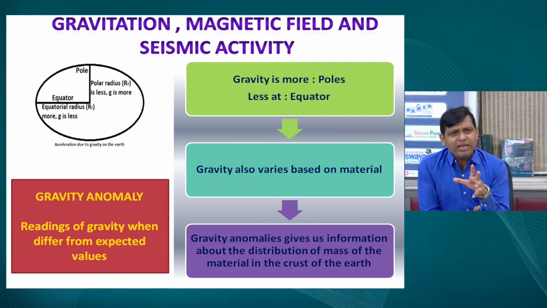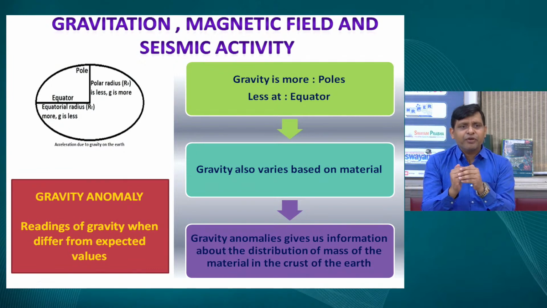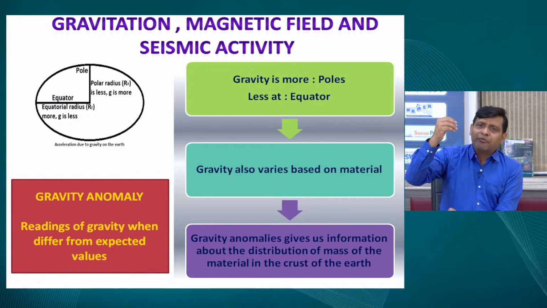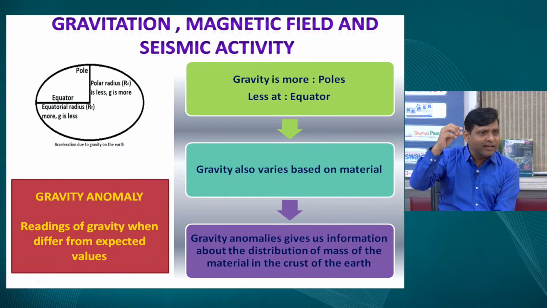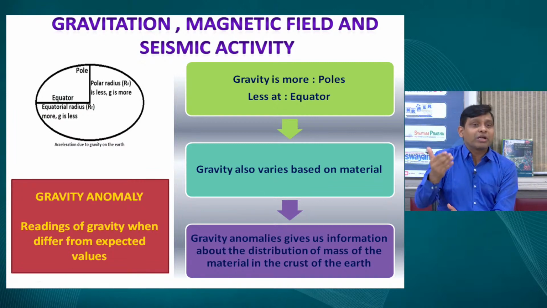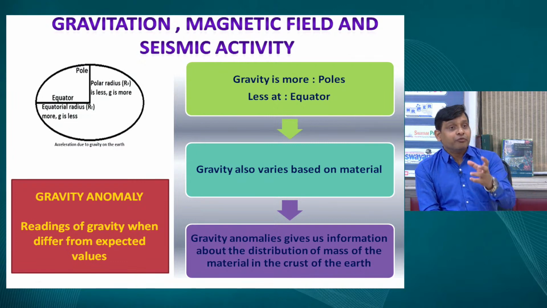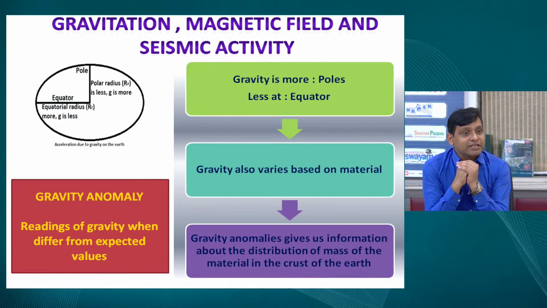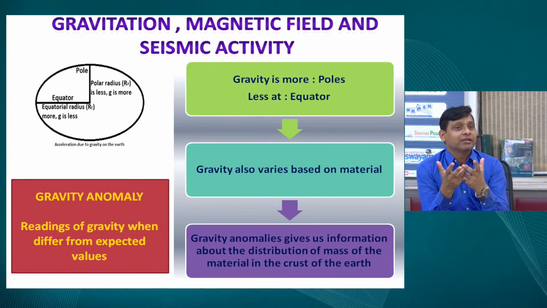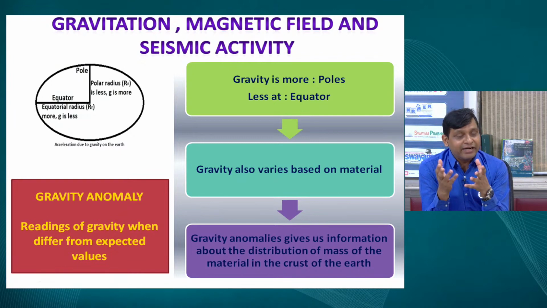Normally we expect that if we have calculated that we are reaching 1 kilometer depth, and there is a certain rate of increase of temperature, pressure and density, then what will be the gravitational pull at that level? But suddenly we reach one place and it does not have, as per our prediction, the gravitational pull. So this is called gravitational anomaly, and it is very common.